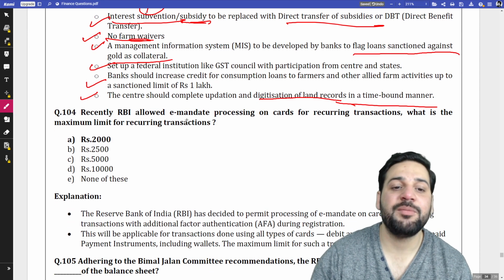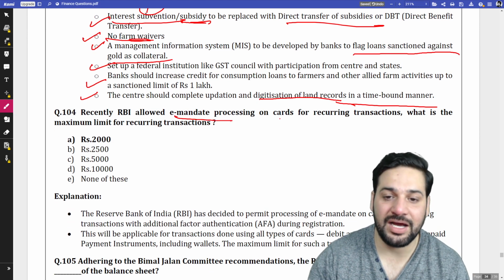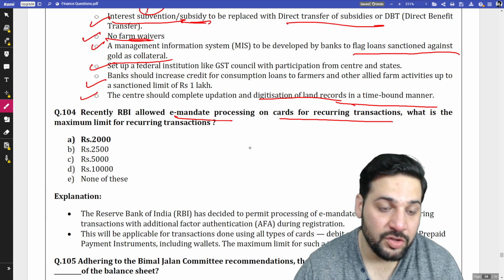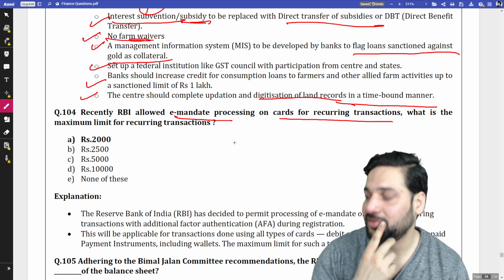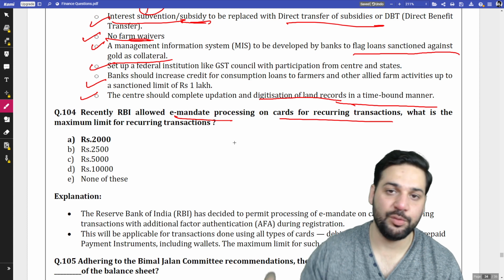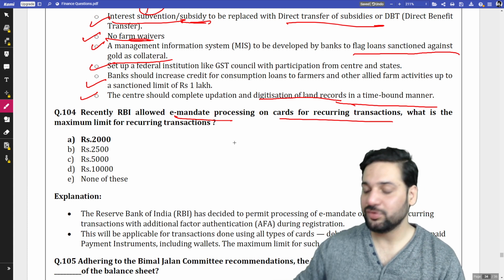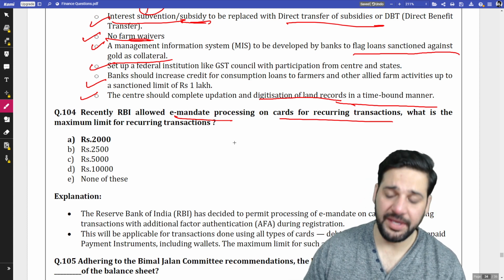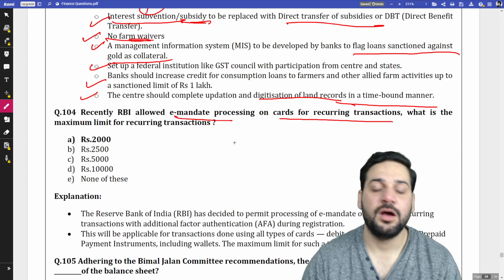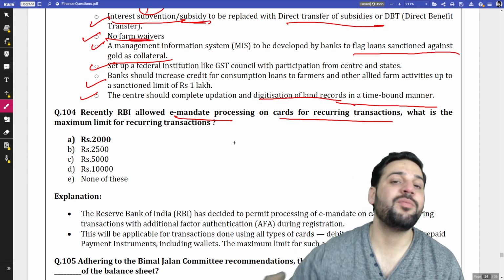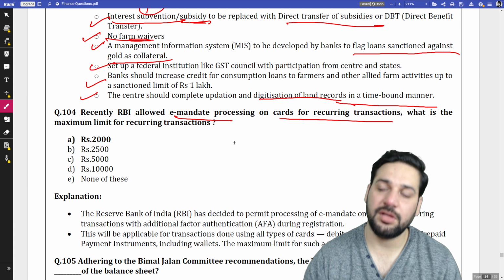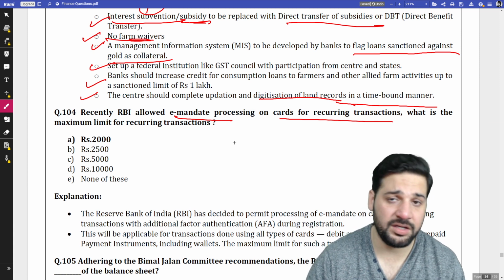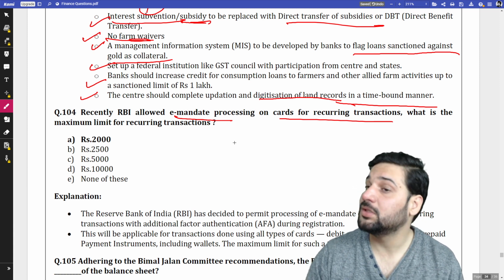So recently RBI allowed the e-mandate process on the card for recurring transactions. This facility is available abroad, in the US. Whenever we use a credit card for paying for web hosting abroad, the payments are automatically deducted from our accounts, everywhere in the developed world.